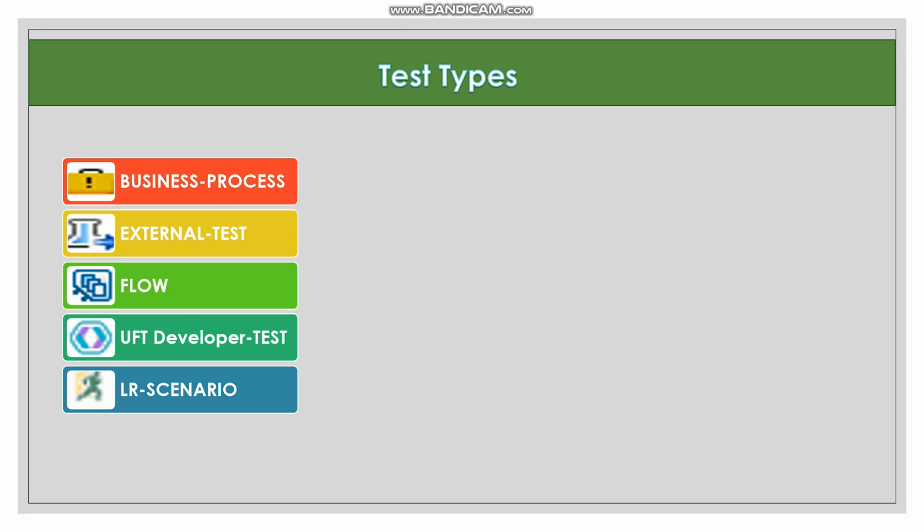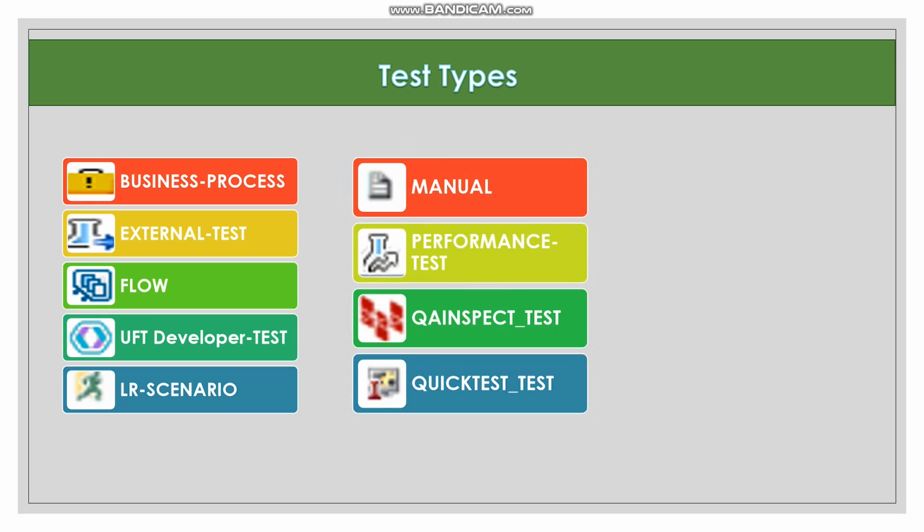And then the LR scenario is executed by LoadRunner. The next is the manual test, the test that is run manually, the performance test, and the QA Inspect test, wherein a test is executed by QA Inspect, the Micro Focus security testing tool.